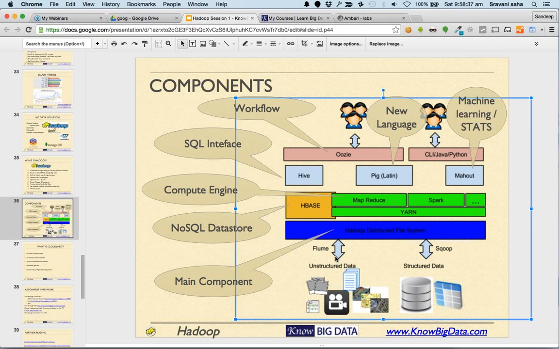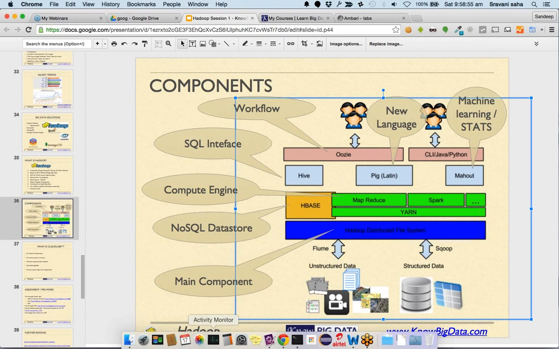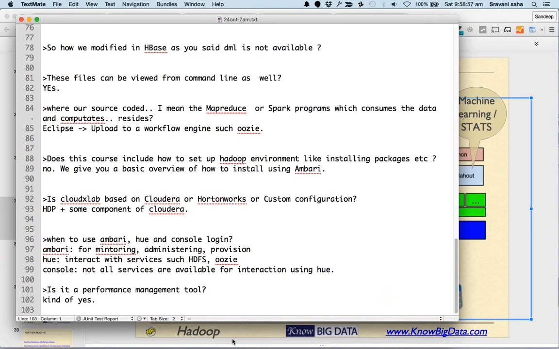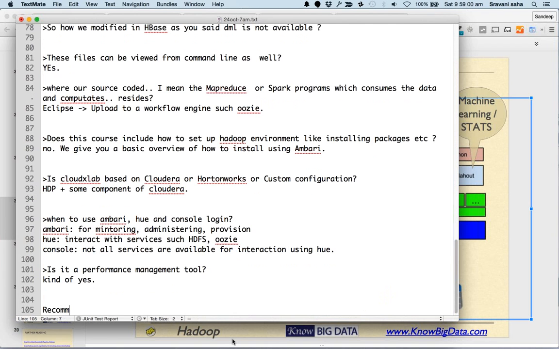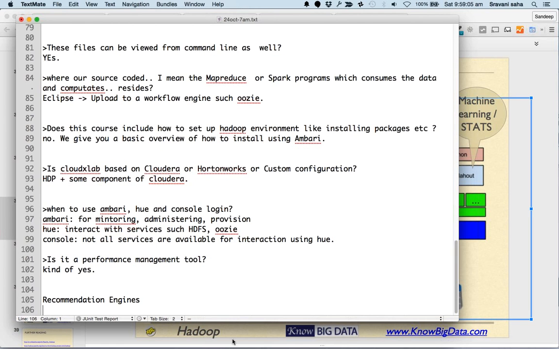Now, most of the time, in a bigger project you will have many things to execute. Let me take the example of my recommendation engine, which prepares recommendations for various users based on their past history. The first step was to bring data to HDFS.